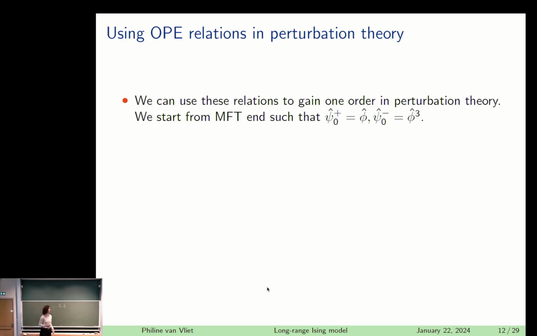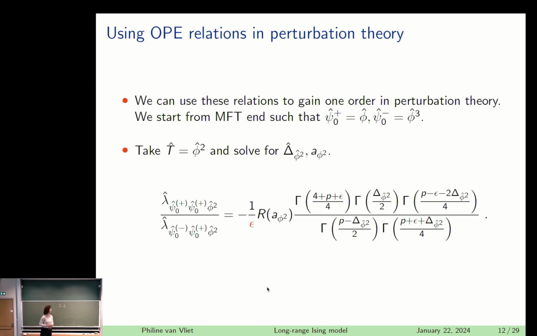As I said, we can use them to gain an order in perturbation theory. So let's now start from the mean field theory end, to pick one. Let's take the third operator that we haven't specified before to be phi squared.